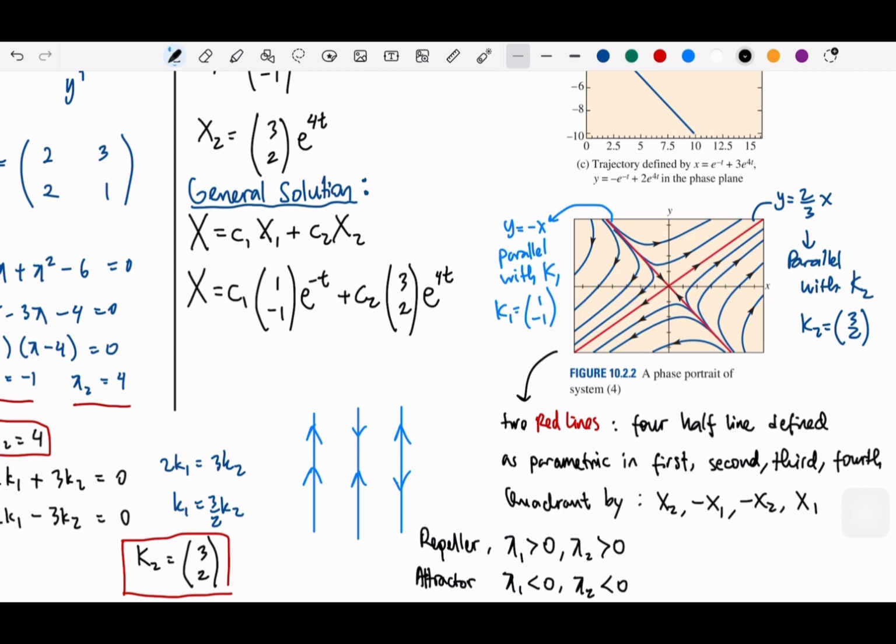If I write only the normal equation, I will write small like this. So this is only for x. So this is plus 3 C2 e^(4t), and y is negative C1 e plus 2 C2 e^(4t).